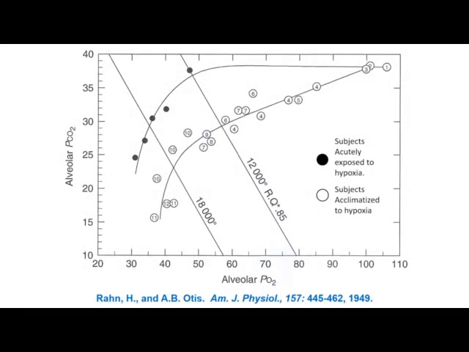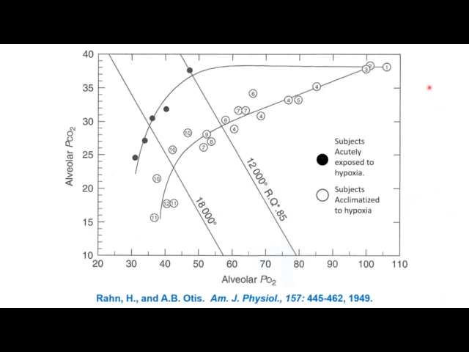So this plots both alveolar PO2 and alveolar PCO2. What you can see in the individuals who are acutely exposed to hypoxia is that PCO2 doesn't change much until you get down below this PO2 of 60. Remember, that's the threshold. And then PCO2 drops dramatically due to the hypoxic ventilatory response.